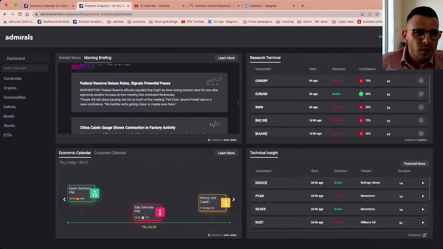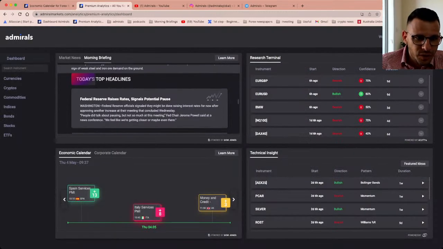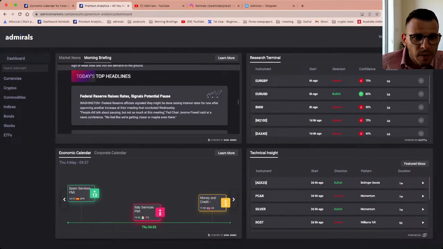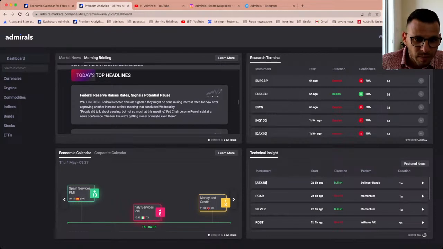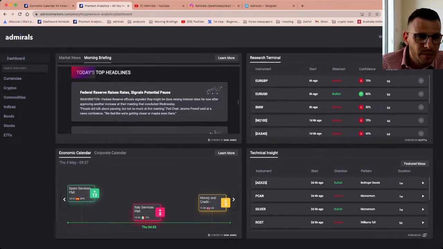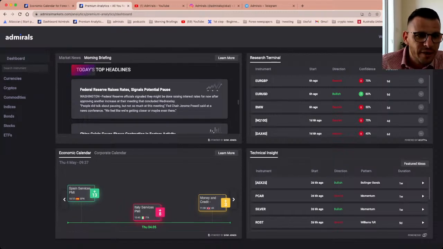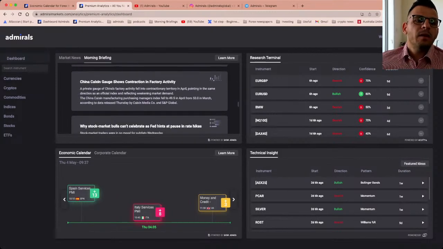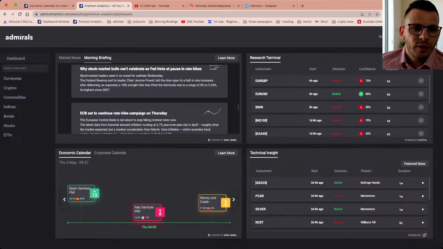Let's check the news. There are a lot of news today as headlines, as we can read from Dow Jones here. Federal Reserve raises rates, signals potential pause. China showed contraction in factory activity.